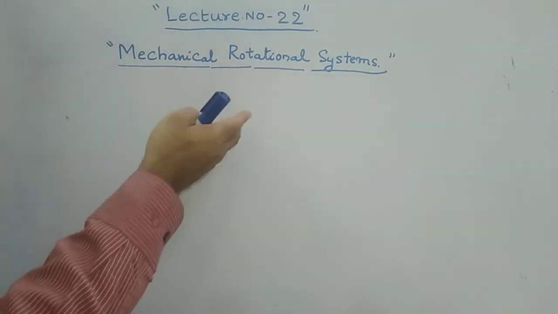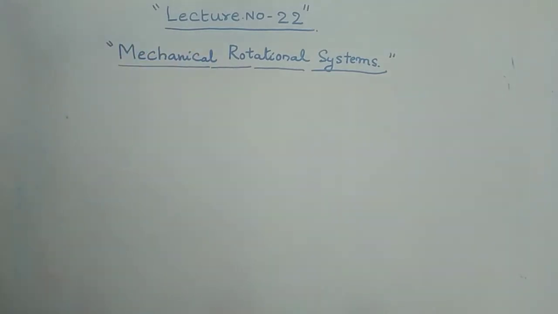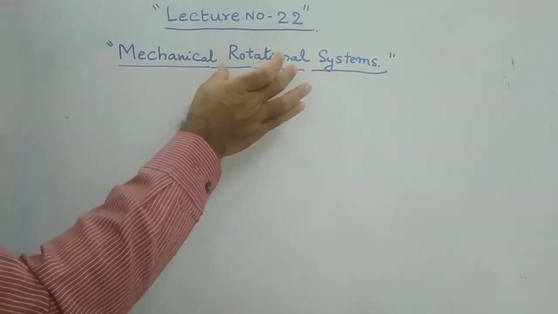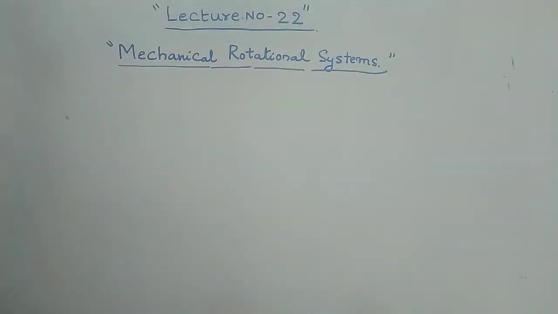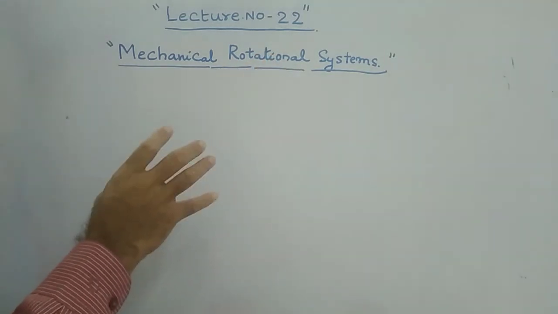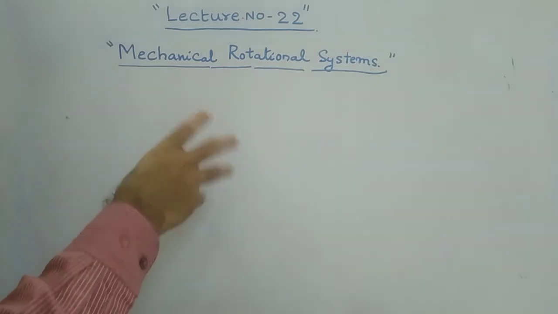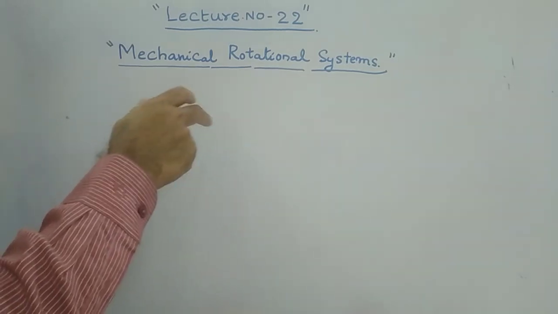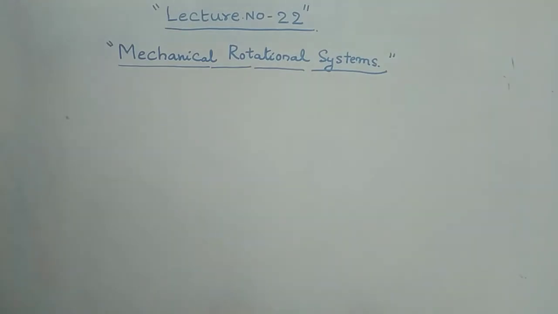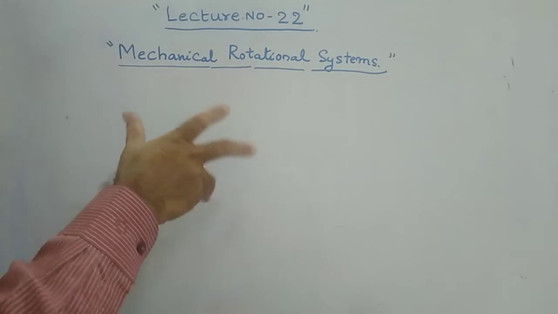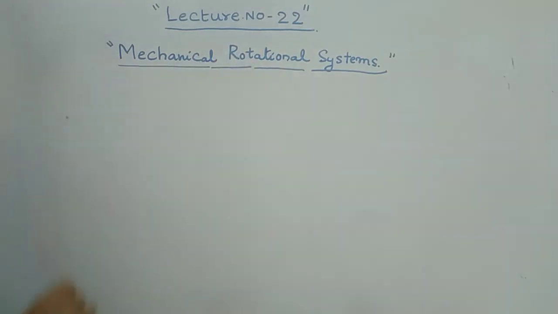It is just similar to the mechanical translational system itself. Only the thing is it is rotational. Rotational means the mechanical system is rotating in nature. It rotates, that's why the name rotational.